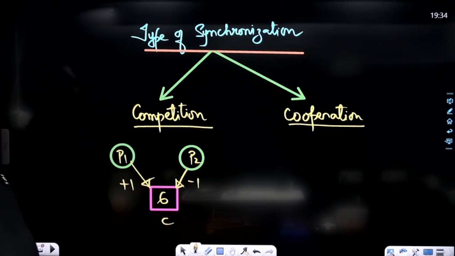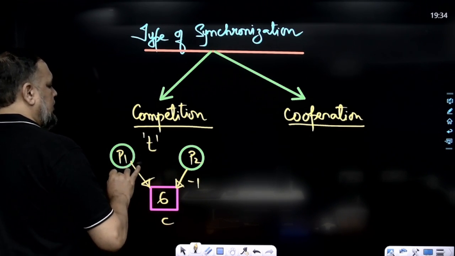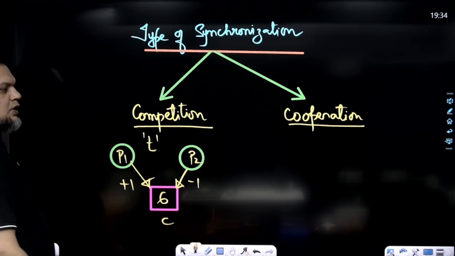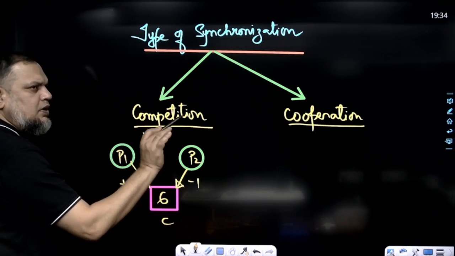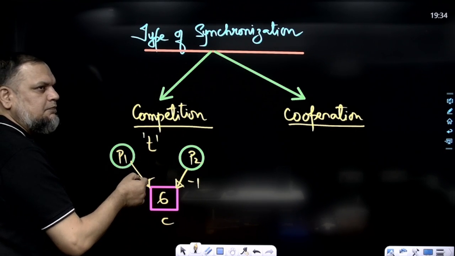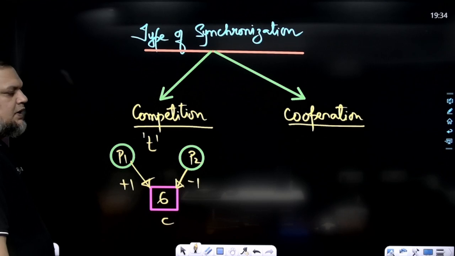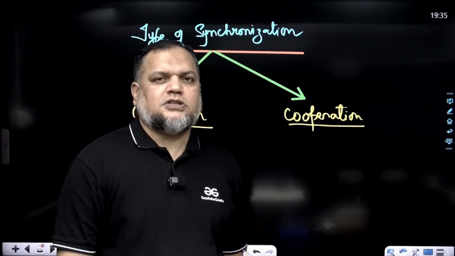Presently the current value is 6. This is the scenario at time t. P1 wishes to increment it by 1, P2 wishes to decrement it by 1. So after both the processes finish their update in any order, whichever order, P1 first or P2 first, the final consistent value should be 6. But if I get other than 6, that is what I call inconsistency.